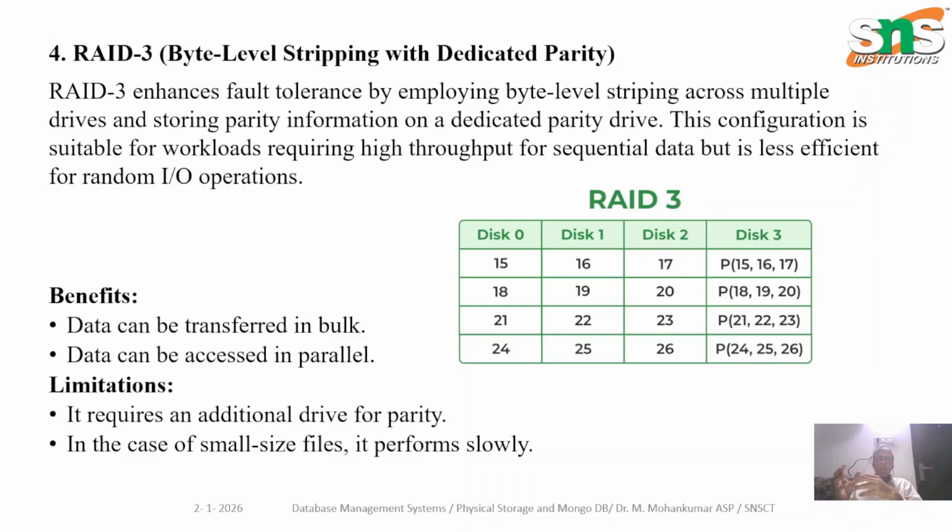At that time, if the site does not give a proper response, it becomes very difficult at the user level. So this type of throughput will be sequential data but is less efficient for random IO operation. Random IO operation is not possible, but sequential and high workload processes will be handled. So it will give the right solution at the user level.